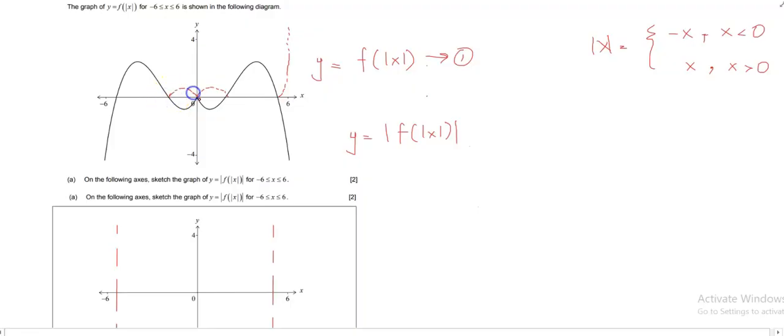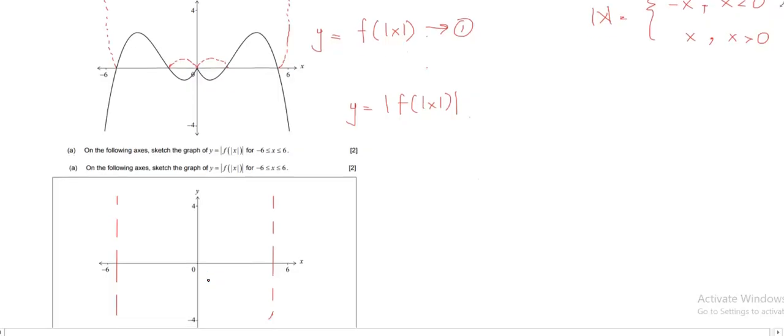And the same is the case up here, and the same is the case up here, because he wanted us to sketch this graph onto the coordinates which are given up there. So I'll be doing that over there, and we'll try to replicate that. So my end graph would look like this.